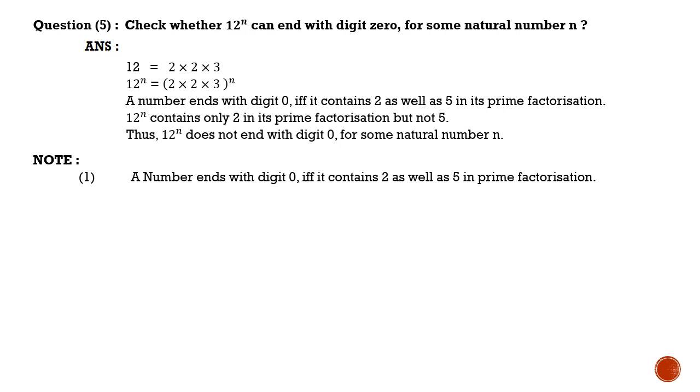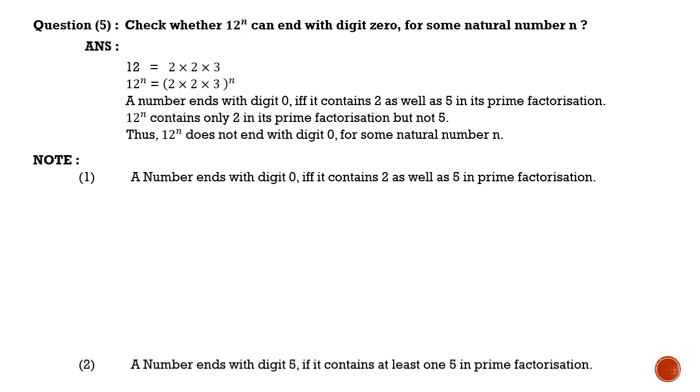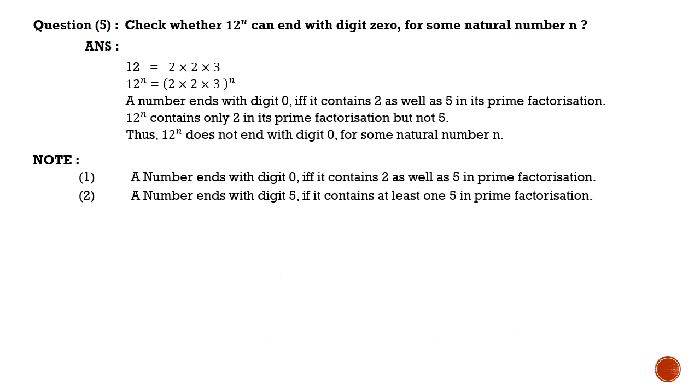So a number will end with digit 5 if and only if it contains 5 in its prime factorization. Doesn't matter what are the other prime factors, but it is very important that 2 should not be present in the prime factorization. We have written the note: a number ends with digit 5 if it contains at least one 5 in its prime factorization. In this, I would like to add that 2 should not be present there.